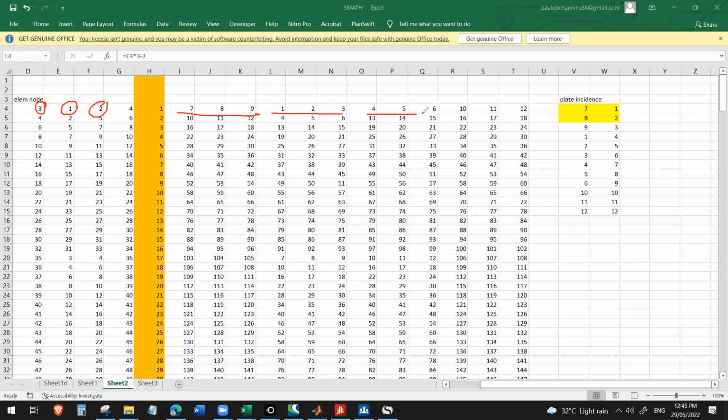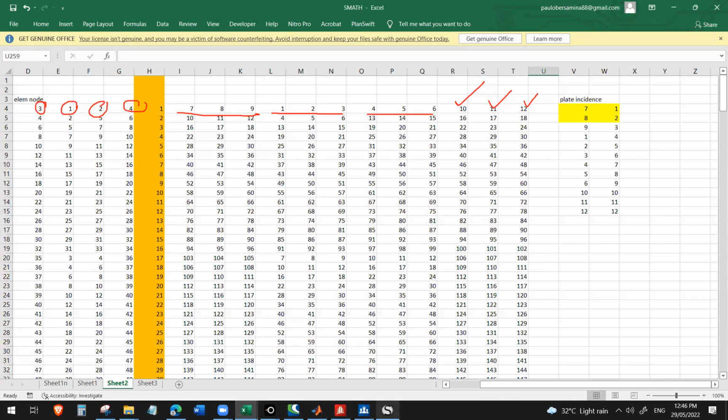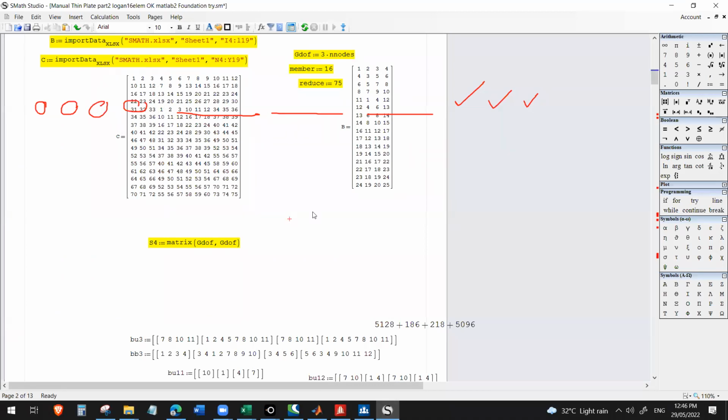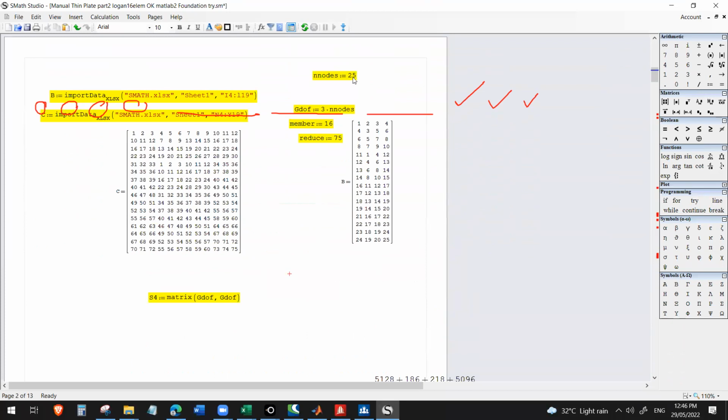Node 2 is 4, 5, 6. And node 4 is 10, 11, 12. You get the formula, right? So 4 times 3 is 12. 4 times 3 minus 1 is 11. 4 times 3 minus 2 is 10. So that's the formula. And with that, drag down to the last element. So this is your incidence. Because you will need that in your SMAT here. Okay, so if I have to update this, I don't know if it can handle it. So the number of nodes is 289.